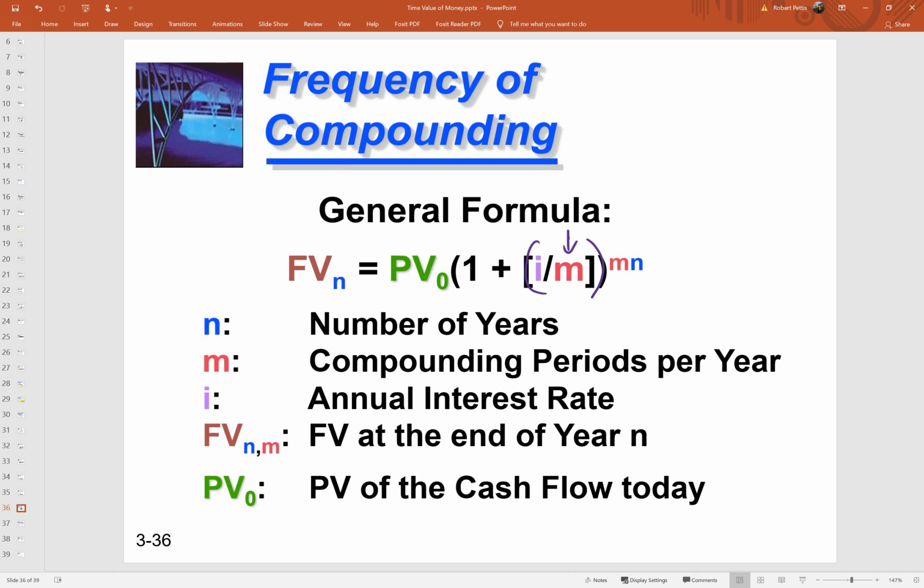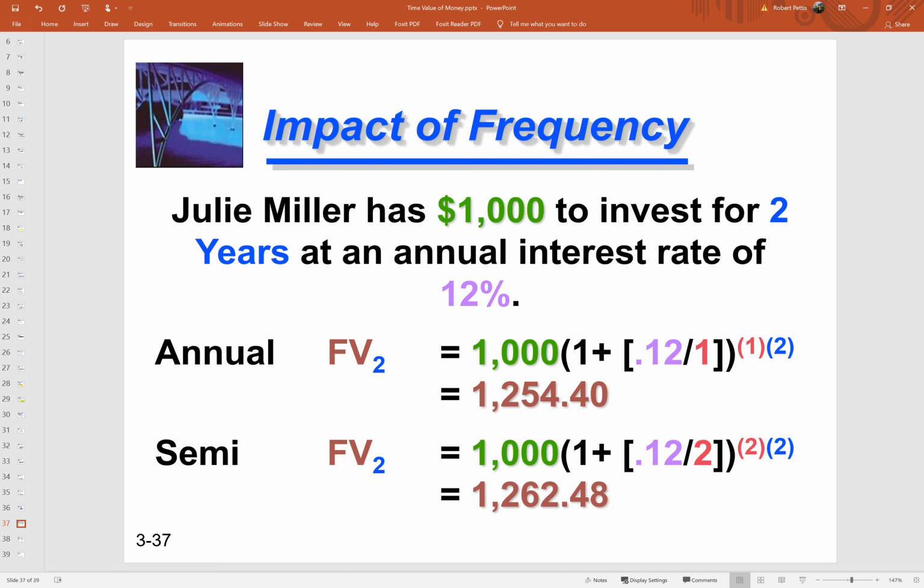So we've got 1 plus i divided by m now instead of just 1 plus i, and then in our exponent we would multiply the number of periods, in this case years, times the number of periods per year that it will compound. But this is just a more advanced version of that exact same formula we've been looking at.